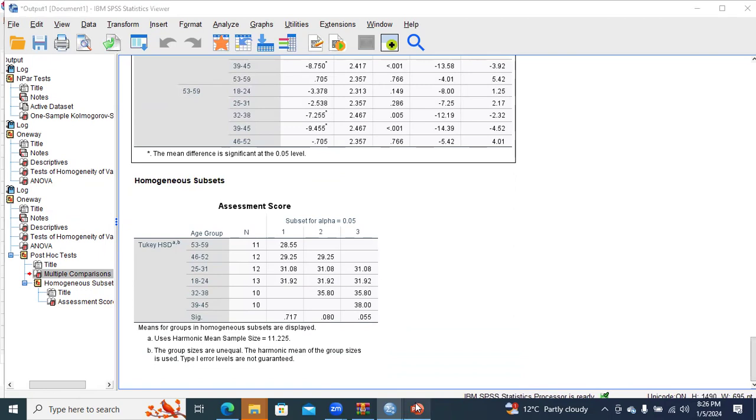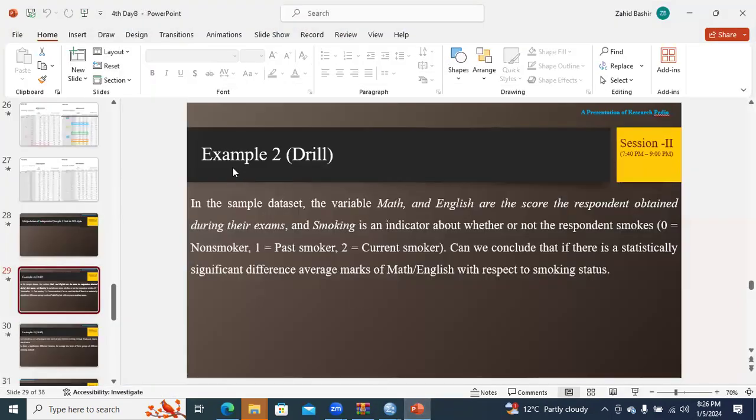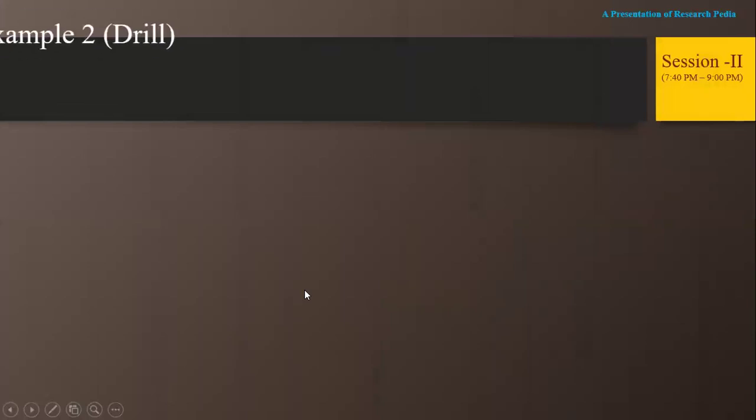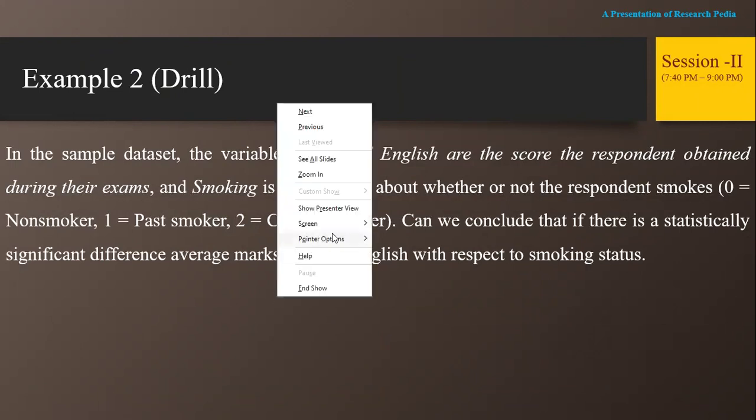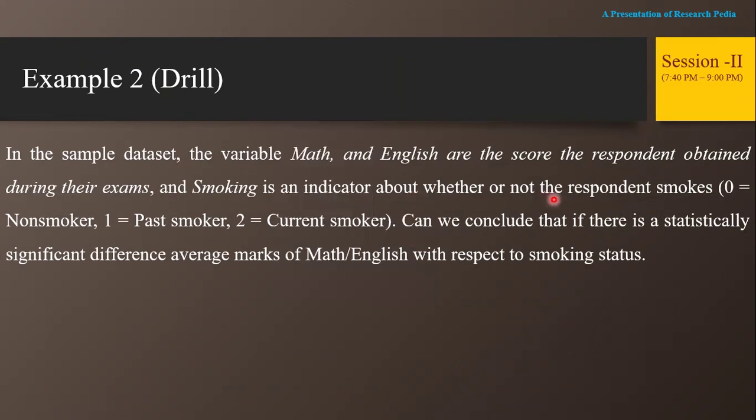So your next task is to complete the example 2 drill. In the sample dataset, the variables math and English are the scores the respondents obtained during their exams, and smoking is an indicator of whether or not the respondent smokes. If a person is a non-smoker, it will be indicated by 0.